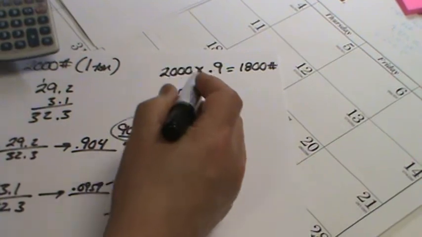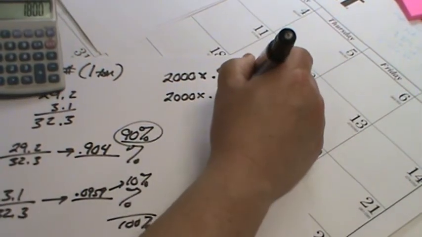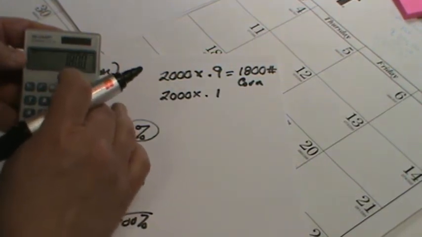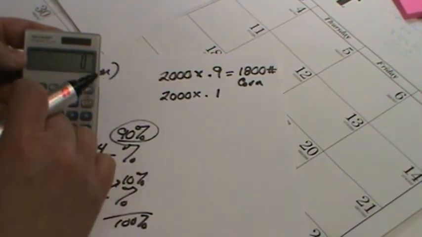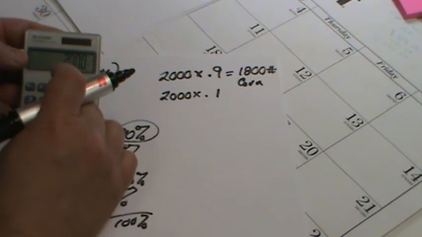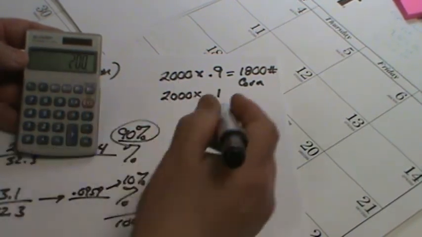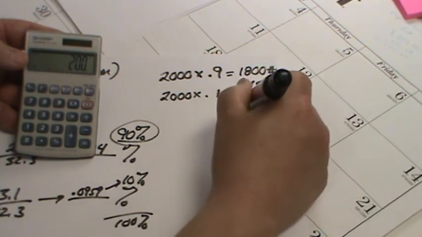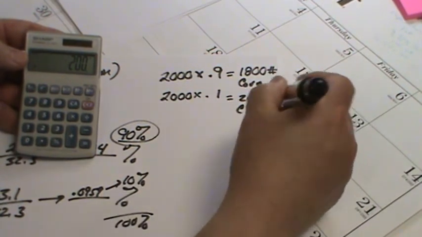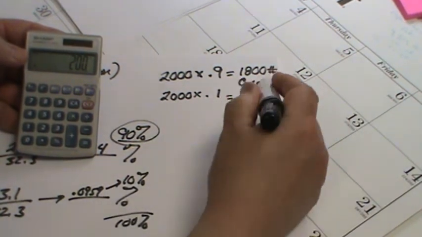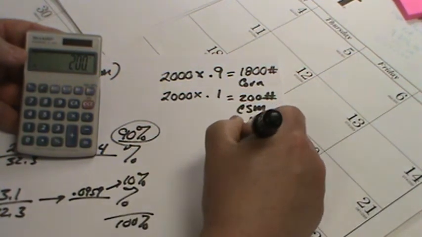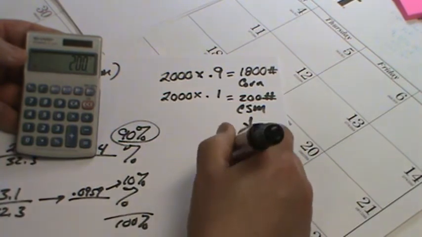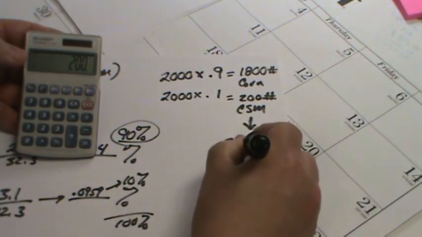So we're going to buy 1,800 pounds of corn, and we're going to mix it with, wait for it, 2,000 times 0.1 is 200 pounds cottonseed meal. And together, that 1,800 plus 200 will give us 2,000 pounds of this ration.